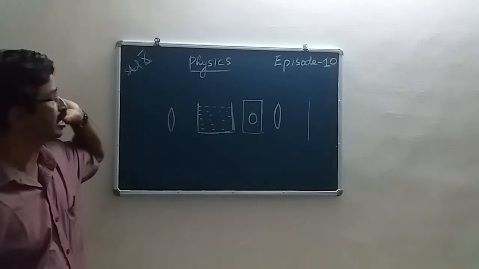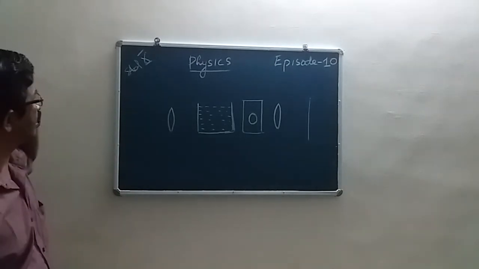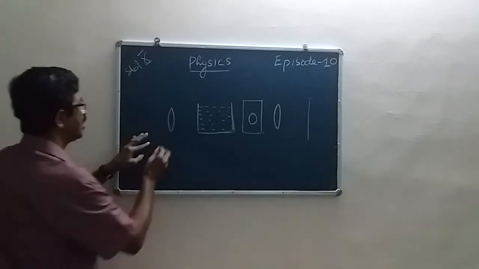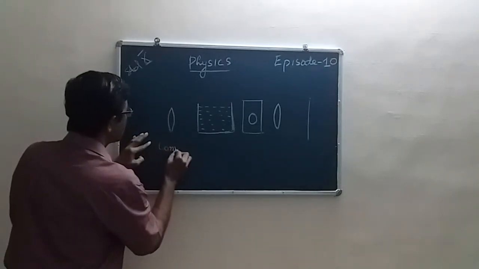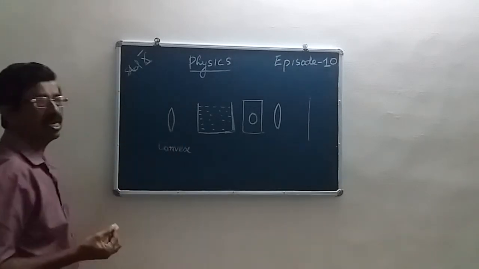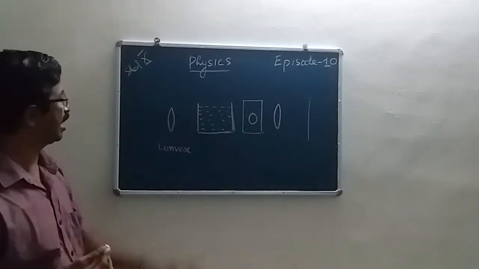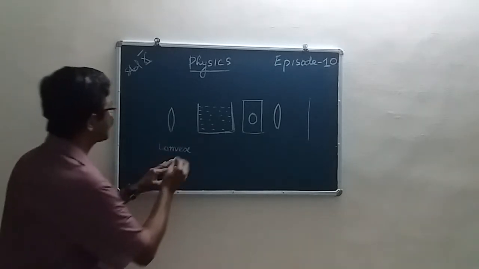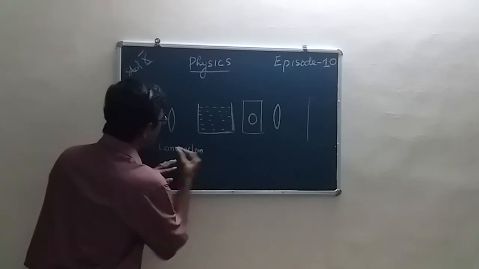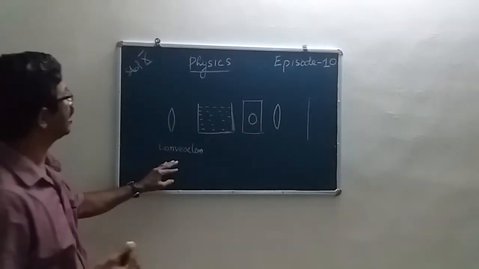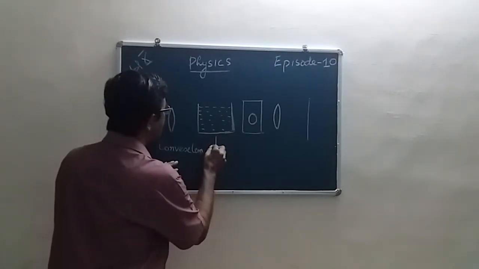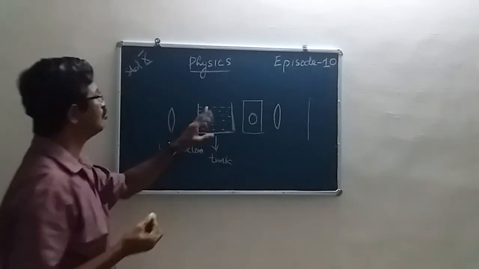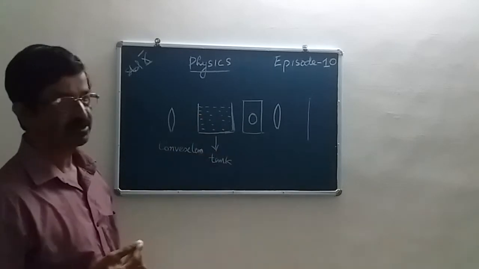Here is an activity. This is a convex lens placed in a lens stand. And this is a glass tank in which we take 2 liters of water.